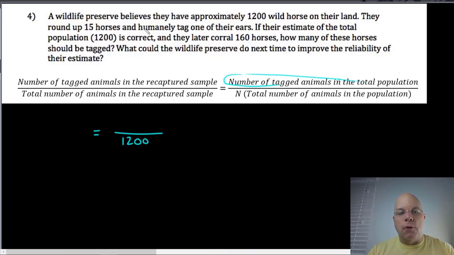They round up 15 horses and humanely tag one of their ears. And so that's the number of tagged animals in the total population, 15. And the difference that I thought about before the video is from now on we should write the units. So 15 tagged to 1,200 total.